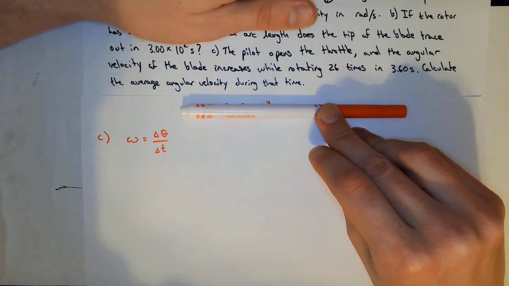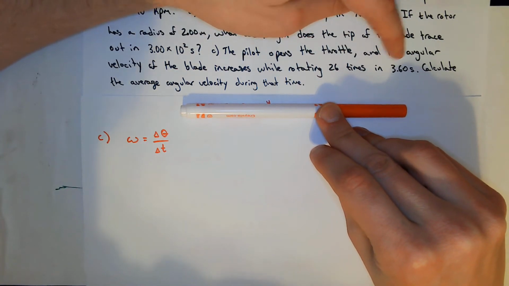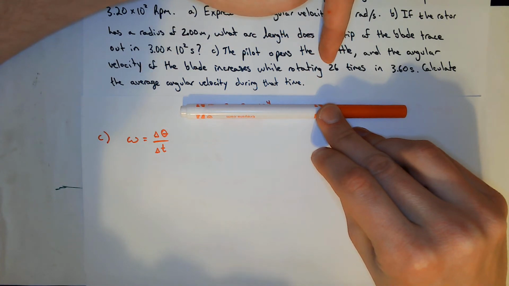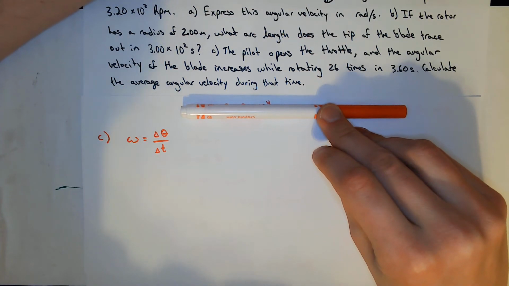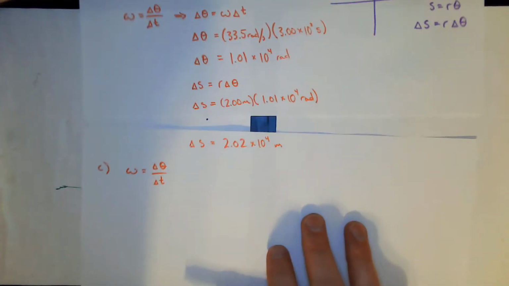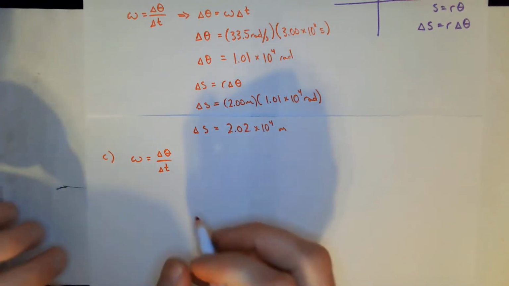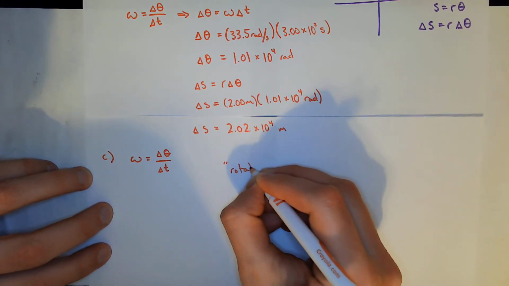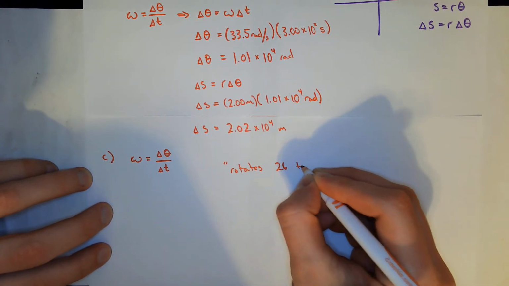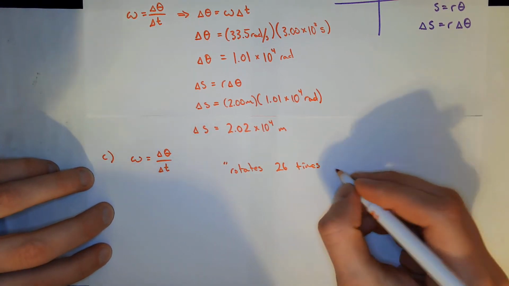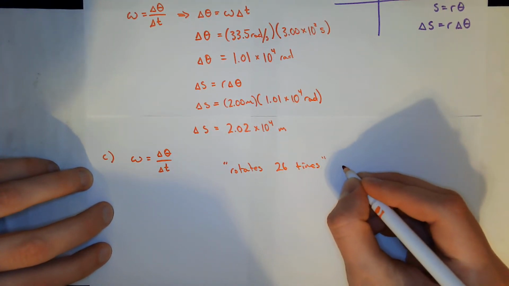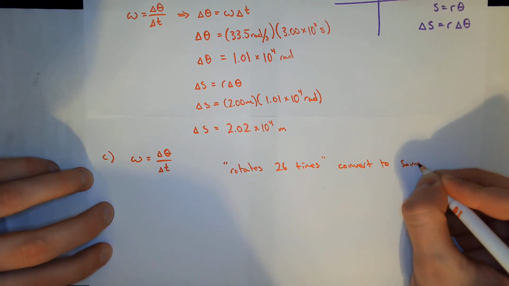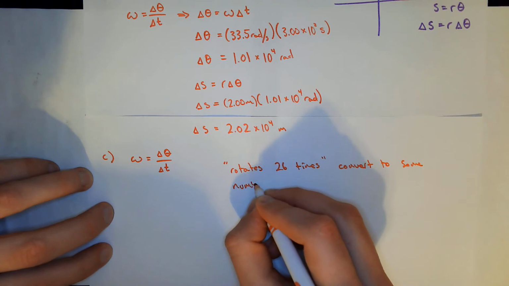It's just telling us that in these 3.6 seconds it ends up rotating 26 times. And that is enough for us to find the average angular velocity, because this is what we'll do. When it says rotates 26 times, we can convert that to some number of radians, some delta theta.